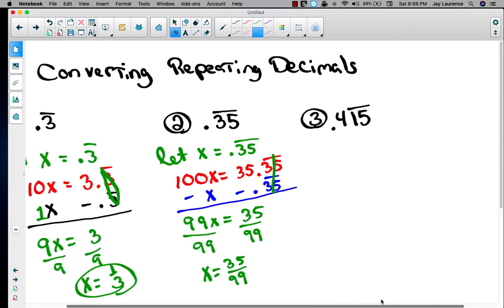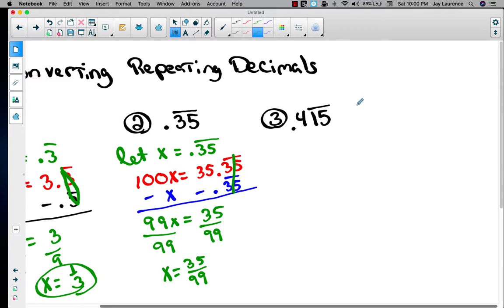All right, get myself a little more room here. This third one is a little bit tricky. You know, I said the number of digits repeating, but notice I don't get a repeating digit until that third one. So I'm not going to multiply this one by 100 like I did the last one. I'm going to multiply by 1,000.